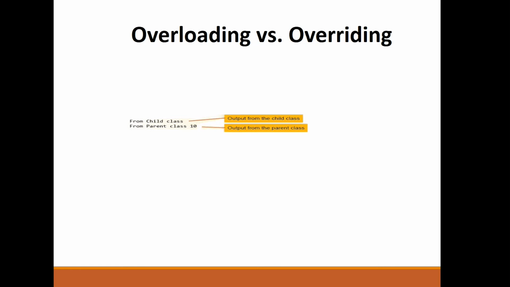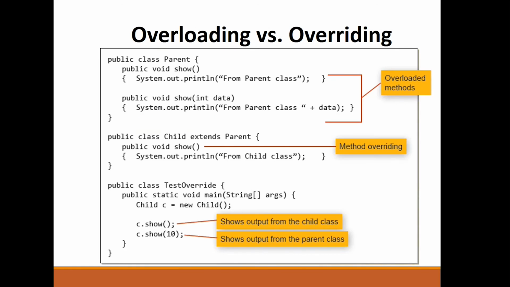Nakita yung output. So from the output, instead of printing from the parent class show, it printed from the child class because it is now being overridden. But since there is no override for the show with no parameter, it went to the parent class.